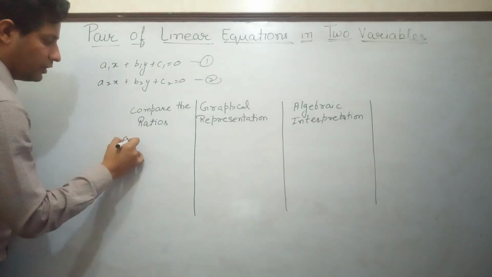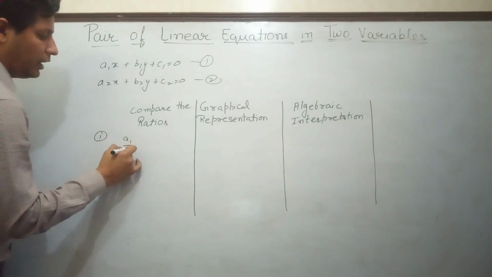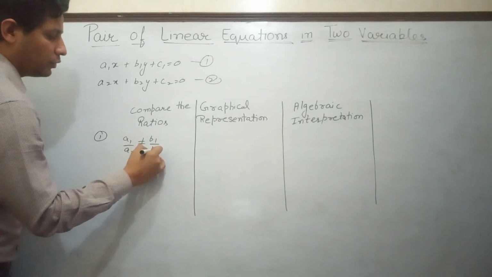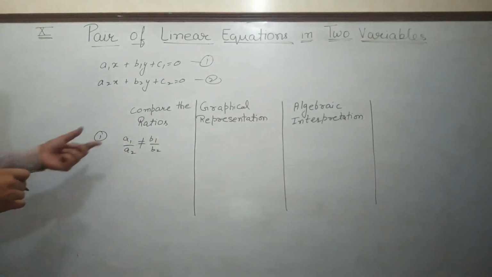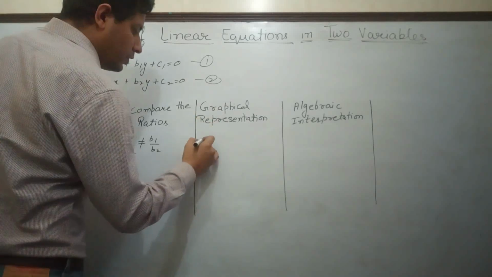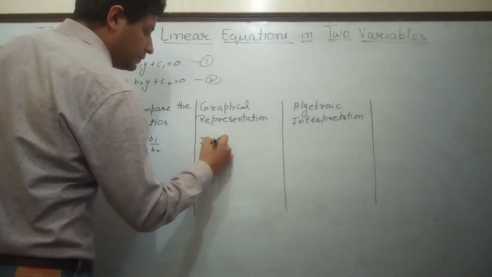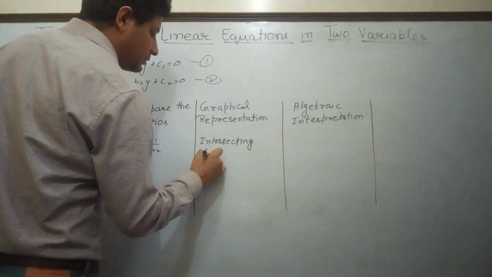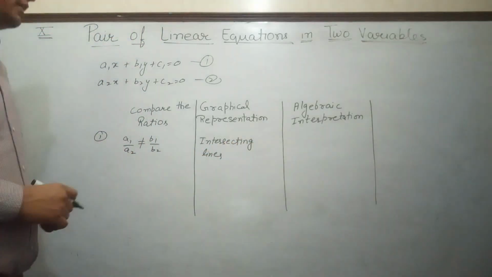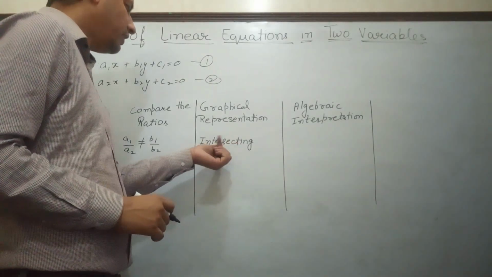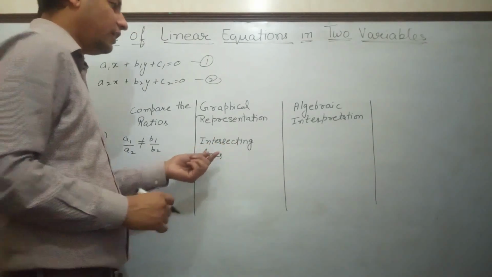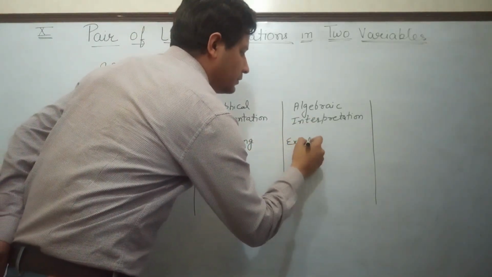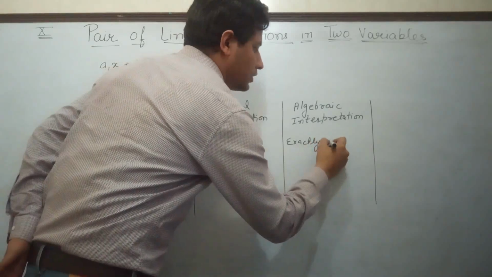If a1 by a2 is not equal to b1 by b2, then we have intersecting lines. Just before we have learned that if lines are intersecting, then we have exactly one solution.